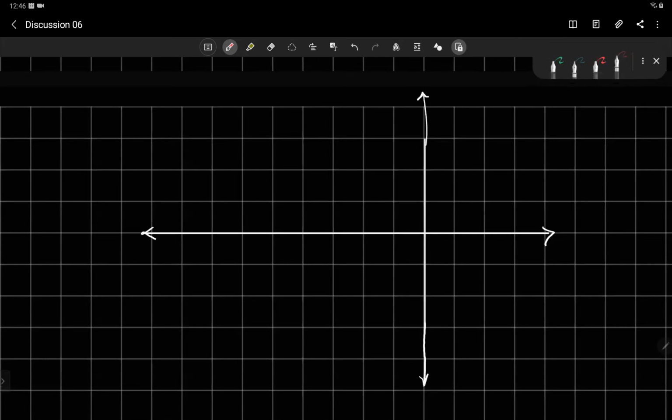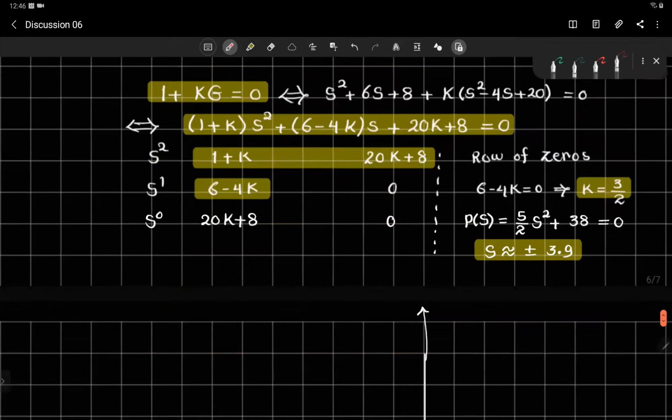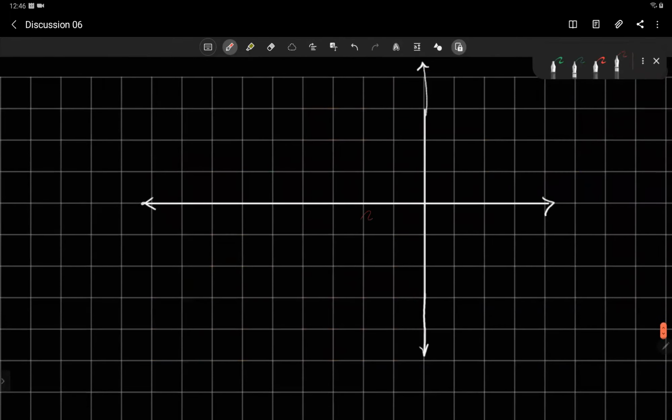We know that we have a pole at 2, a pole at -2, and a pole at -4.